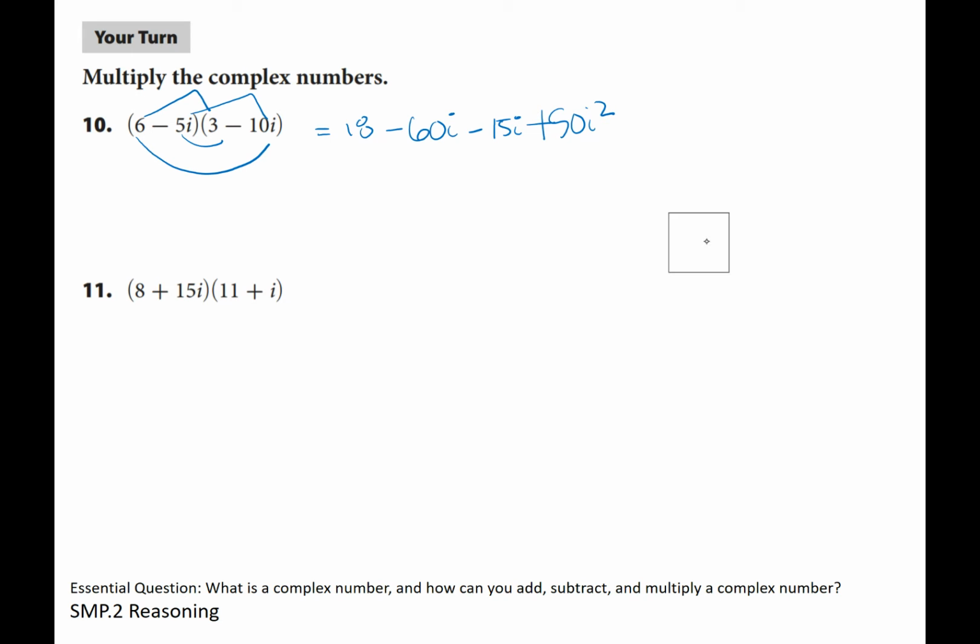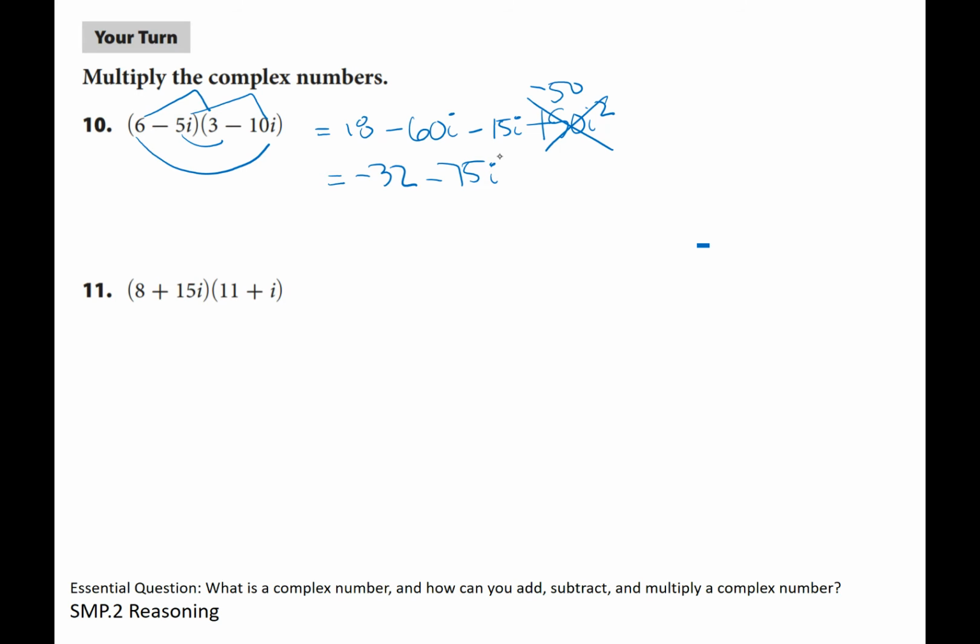That right there, we know the i squared is better known as -1. So I would just cross that out and write -50 above it. Just swap my sign. 18 plus -50 is -32. -60i and -15i is -75i. So I got it down to 2 lines.